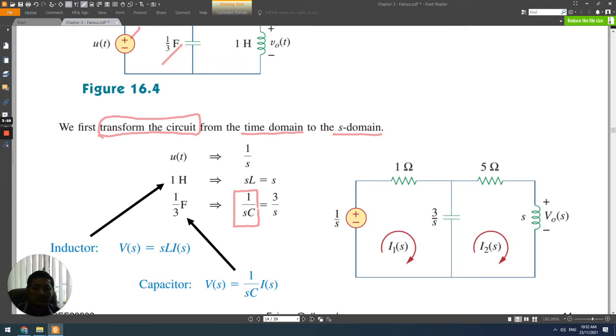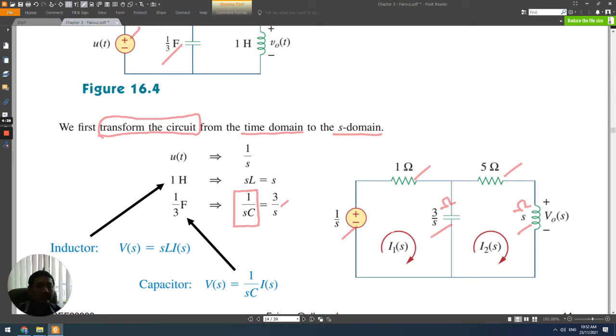So C is 1 over 3, and therefore the capacitor in S domain is 3 over S. Take note that these values are now impedances, in ohms. So now that we have finished the first step, which is to transform the circuit into S domain, we have the voltage as 1 over S, 1 ohm, 5 ohm, 3 over S, and S for the inductor.